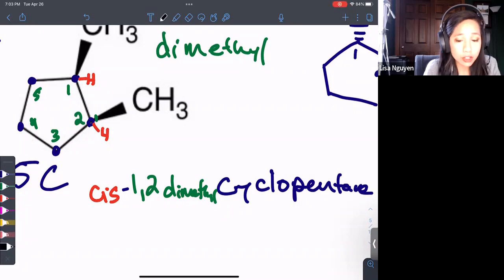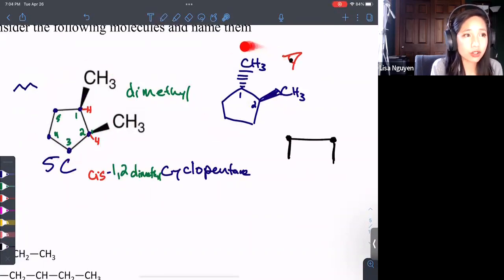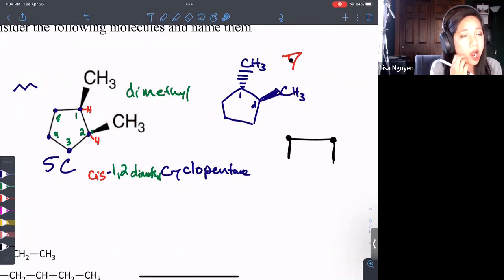A good question is, how is this molecule and this molecule related? Are they structural isomers? Are they conformational isomers? Are they stereoisomers?